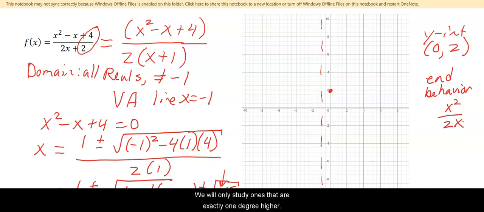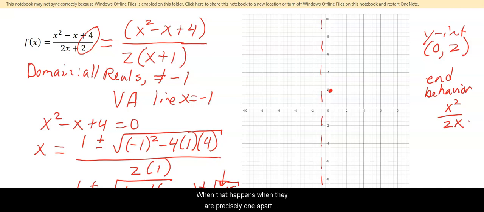We will only study ones that are exactly 1 degree higher. That is, the degree of the numerator is exactly 1 higher or 1 more than the degree of the denominator. The degree of the numerator is 2, and the degree of the denominator is 1, and that meets that qualification.